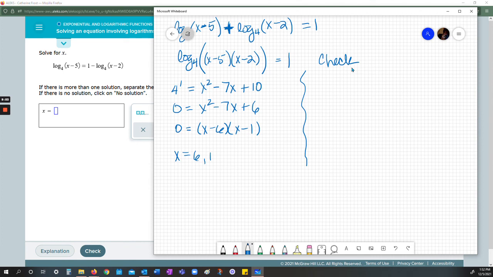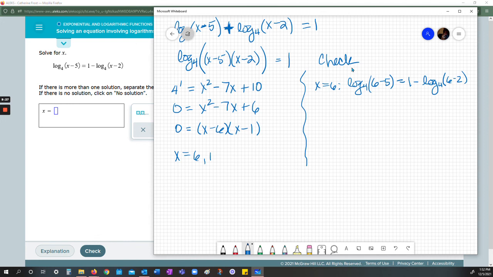Okay, so let's do x equals 6. Log base 4 of 6 minus 5. Okay, that's a positive value. I'm going to keep going. Equals 1 minus log base 4, sorry, this is so messy, 6 minus 2. And so that's a positive value. So I kind of am feeling like this might work out, but not necessarily.